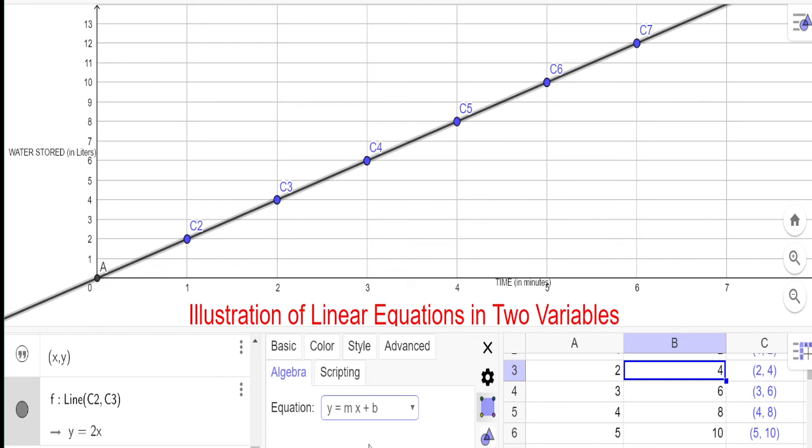So that's it. So again, let me sum up everything. The illustration of linear equation in two variables can be expressed in three ways. First, through algebra, wherein you could use the standard form, ax plus by is equals to c, or it could be in the slope-intercept form.